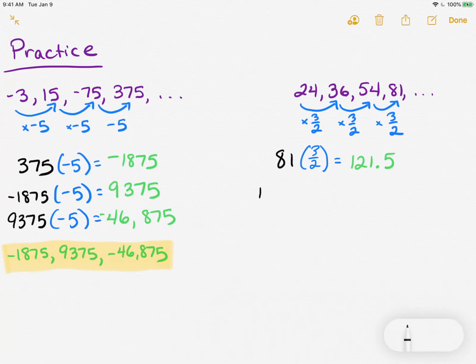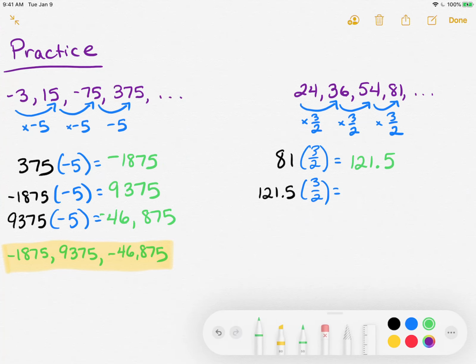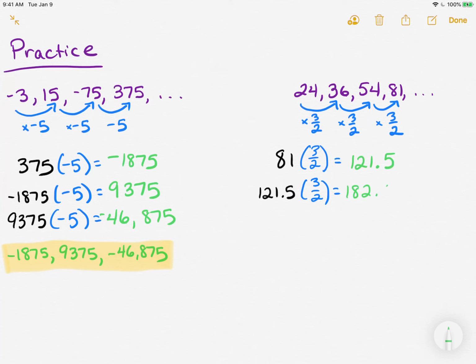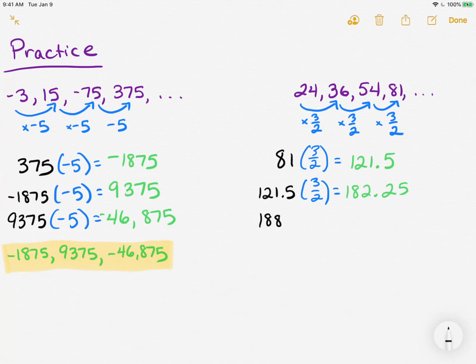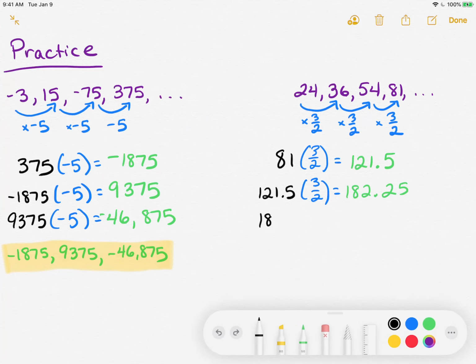Okay, and then I will do 121.5 times 3/2. 182.25. Oh, sorry, I wasn't looking at hands. I apologize. I was focused on writing.